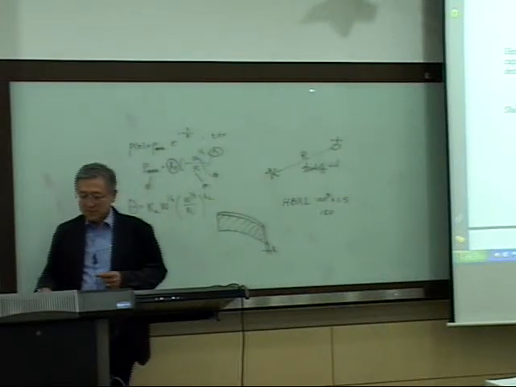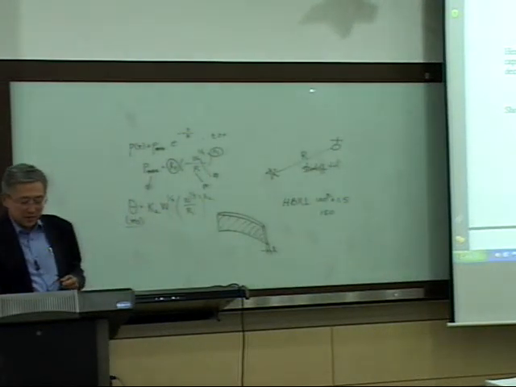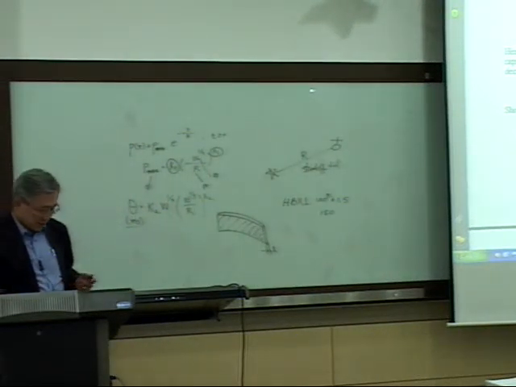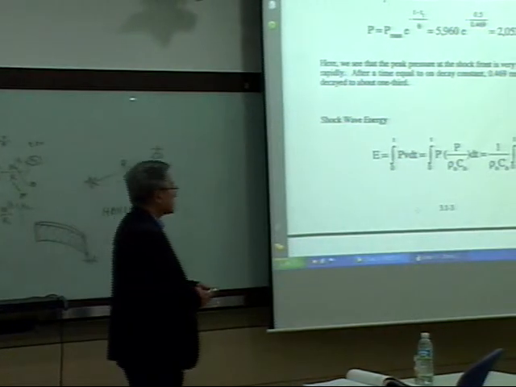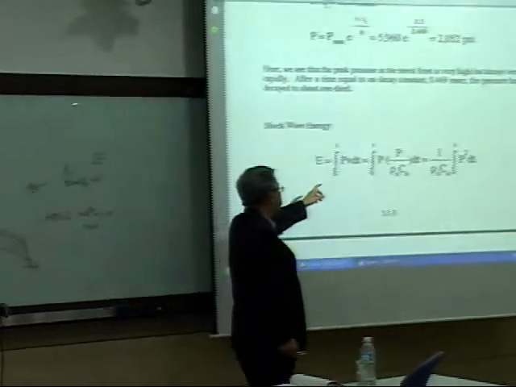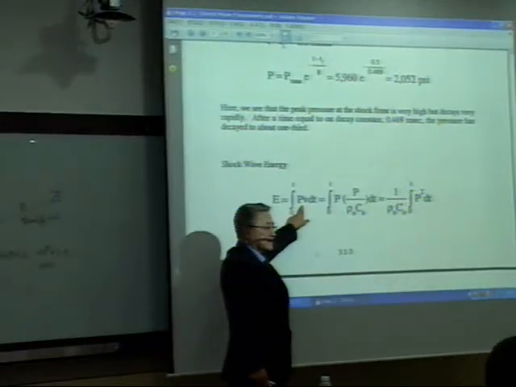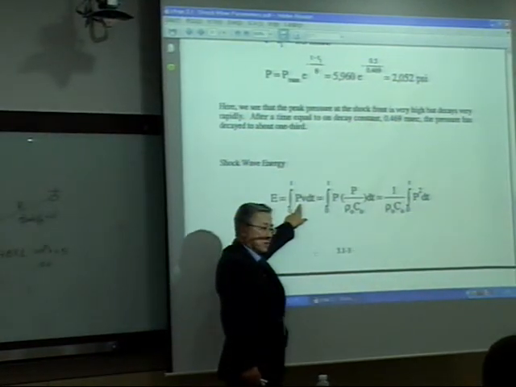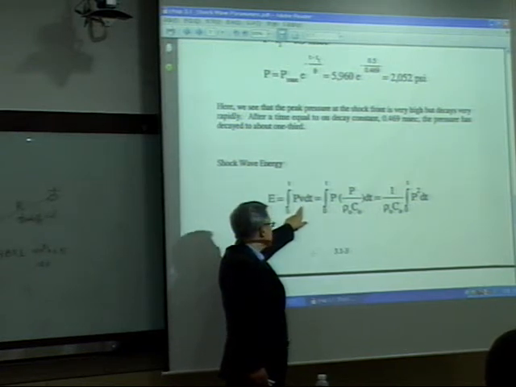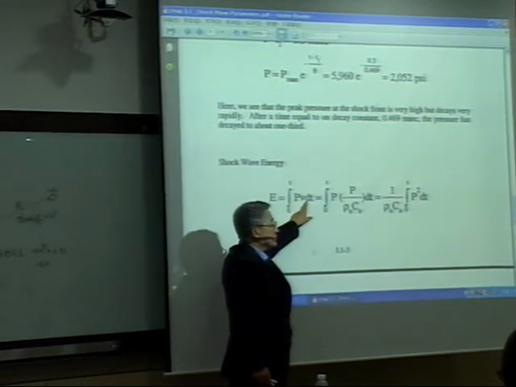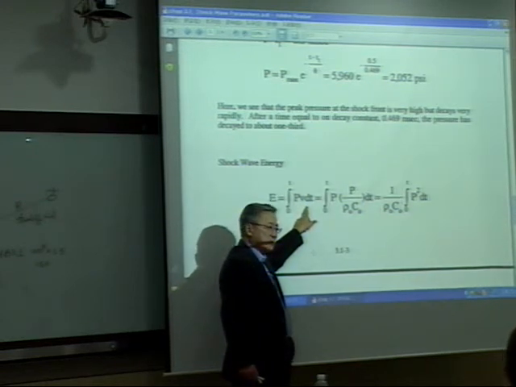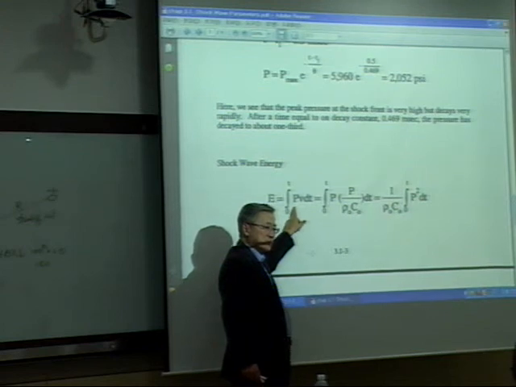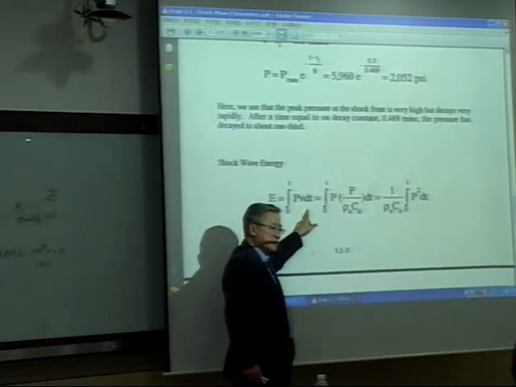Okay? And if you look at P times P, what's the unit of the P? Pound per square inch times V times dt, velocity times time is distance. Pressure times distance.